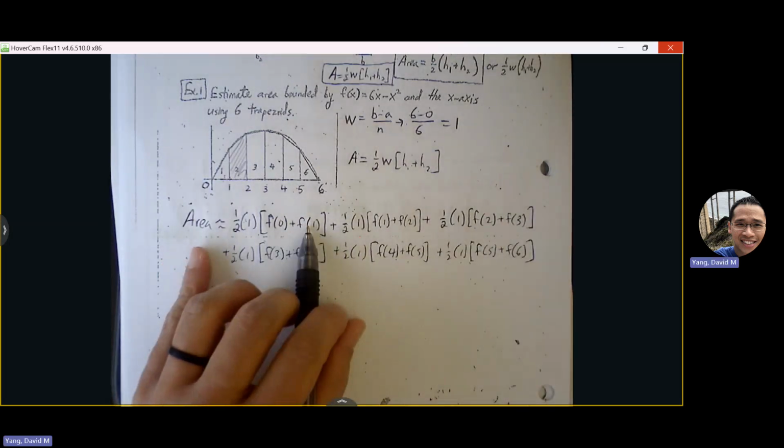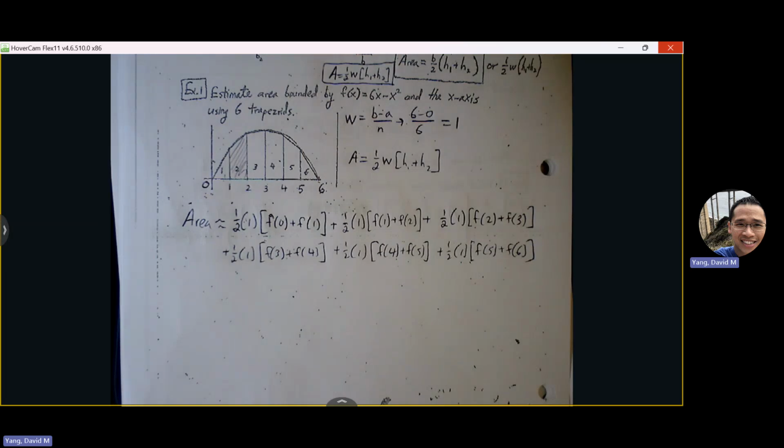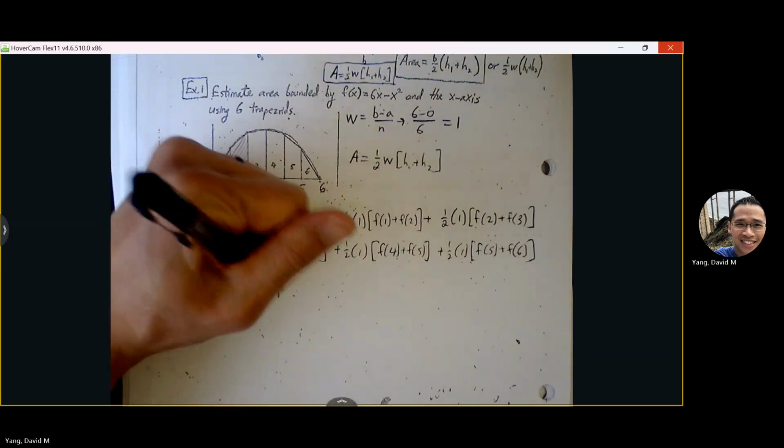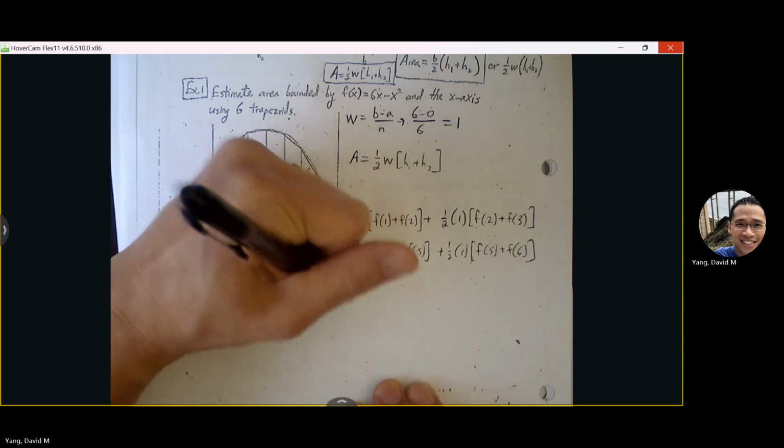And we find f of 0, f of 1, f of 1, f of 2. We just plug into the function here. And that's just a lot of tedious calculations, but it ends up giving us 35.